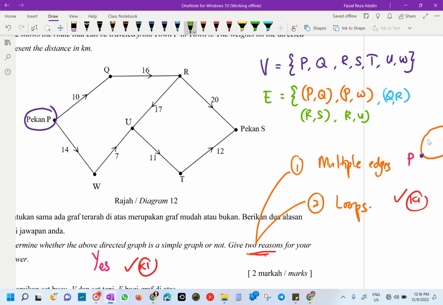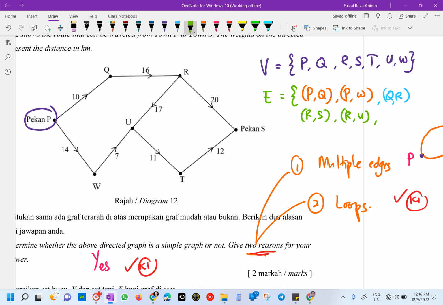Okay. After that, PQR. We are going to go for our vertex S there. Is there any edges for S? Cannot. S tak ada, sebab arrow semua pergi pada S, isn't it?